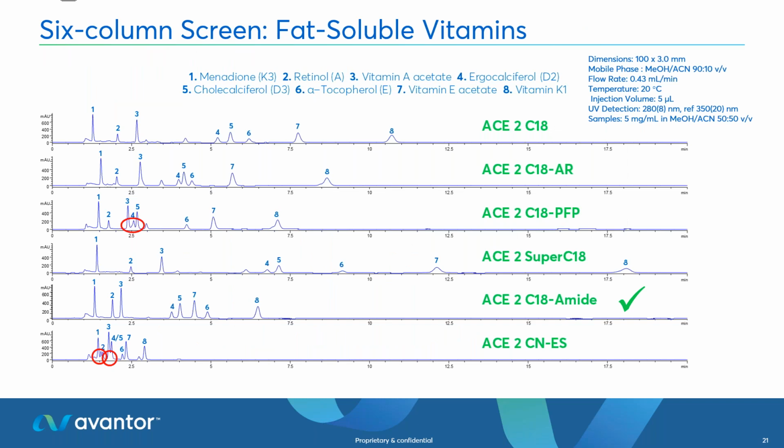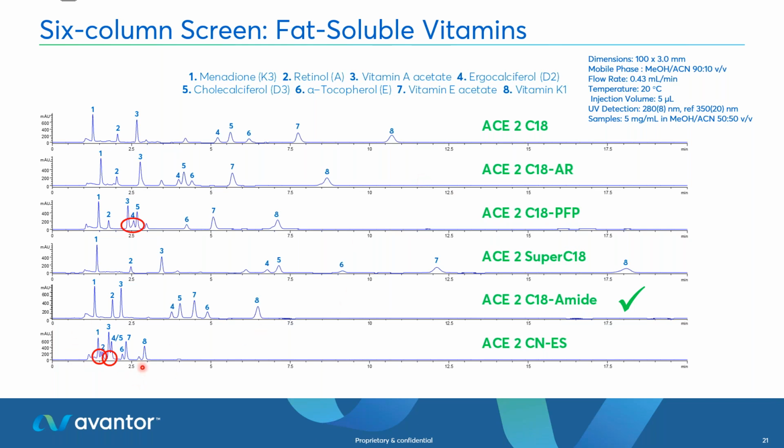In some cases, we've had success straight out, and you can see here when we were looking at a mixture of fat-soluble vitamins, just the significant difference in selectivity you get when you shift between one column and another. It really is worthwhile having at least a second column in your toolkit to utilize that different selectivity and different mechanisms of interaction, because the selectivity is just significantly different across the board.